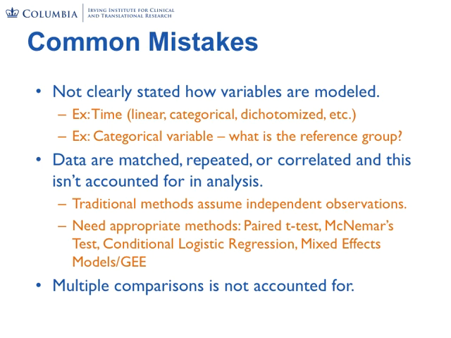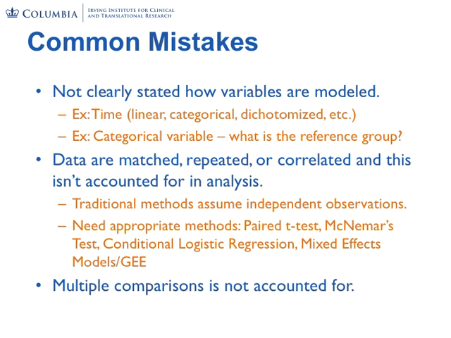Another really common mistake is that often we have data that are matched, repeated, or correlated. So we have before-after data. We have data collected over time. So let's say every month we collect data on the same person. We can't analyze this data using those traditional methods that I presented in that table. All of those methods, so linear regression, logistic regression, t-tests, they all assume that we have independent observations.